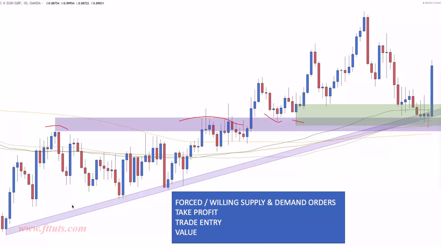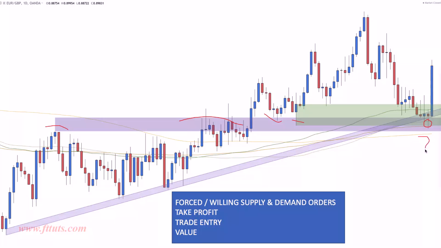You've got horizontal, you've got diagonal, you've also got the 100. You follow this one right here. First time it crossed, it hasn't been touched, right within this area. And then we get the move.